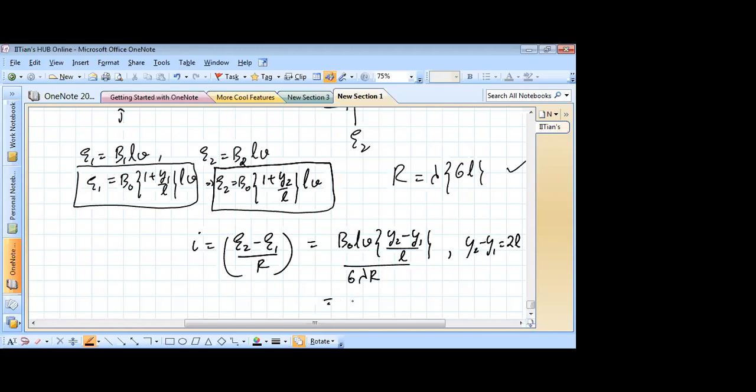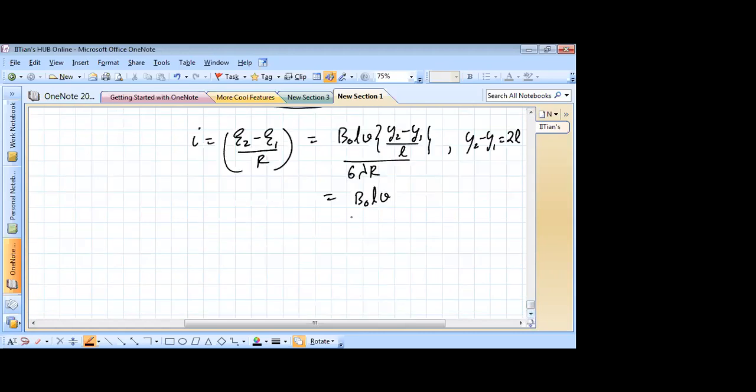So this will become B naught L v by 3 lambda L. Sorry, this is L in the denominator, not R. Or 2 by 6, we convert that.